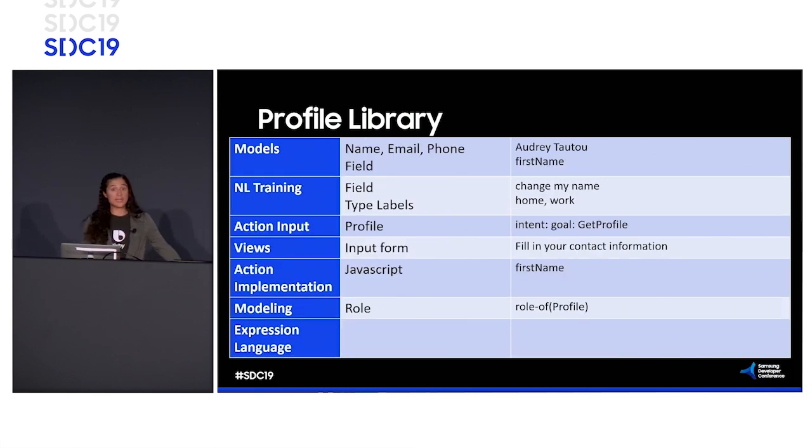The profile library is even simpler. All you have to do is decide which fields you want to use, so the user's name, email, phone number. Then the README will tell you how to write an intent to get access to those fields, get that data. The profile library will take care of the views. It will create, as needed, a contact information form for the user to fill in text boxes, for example, name, then phone, then email.